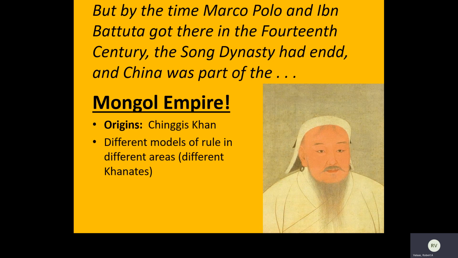But of course, by the time Marco Polo and Ibn Battuta arrived in China in the 14th century, the Song dynasty had ended, and China was now, of course, part of the Mongol Empire when they arrived.